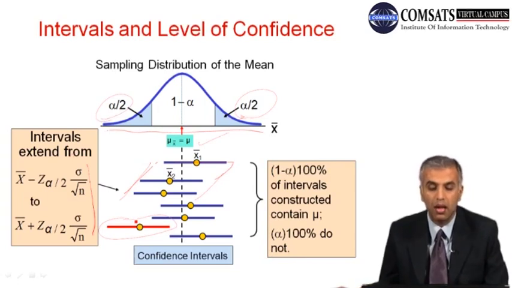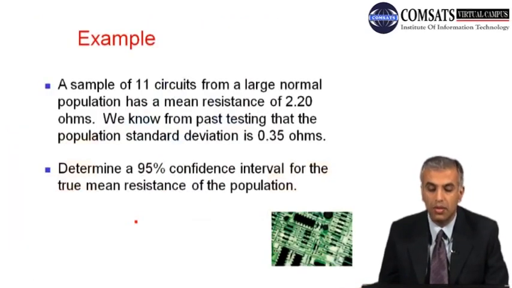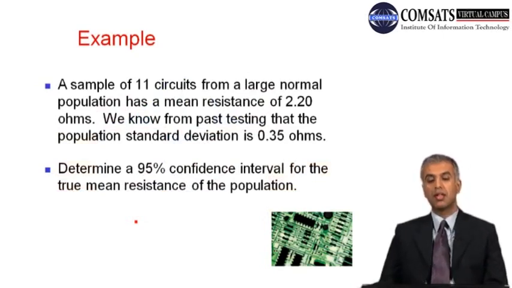Likewise, we then went through a typical example in which we had a sample of certain circuits, and we were given a certain mean and standard deviation of the whole population, and we had to determine the 95% confidence interval in this case.